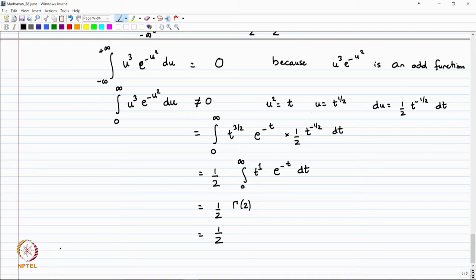So, integrals involving Gaussian functions can be evaluated using gamma functions.